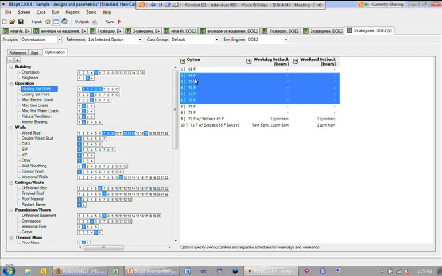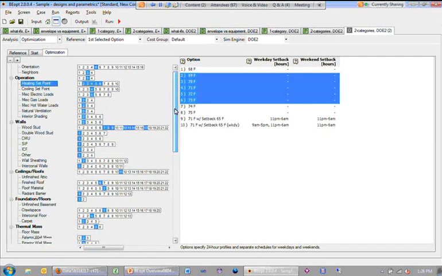So I may be wasting a number of simulations on higher set points. So you want to choose what you optimize over in an intelligent fashion, both to not waste simulations on things that aren't going to give you useful results, and also you still want to be somewhat judicious.